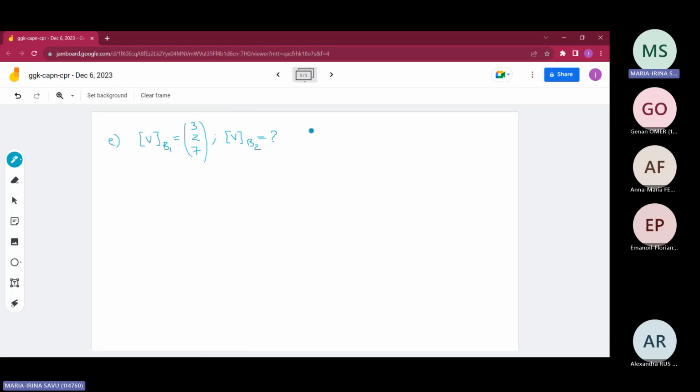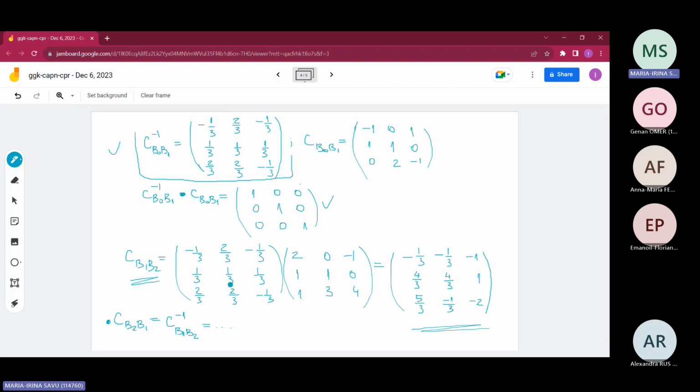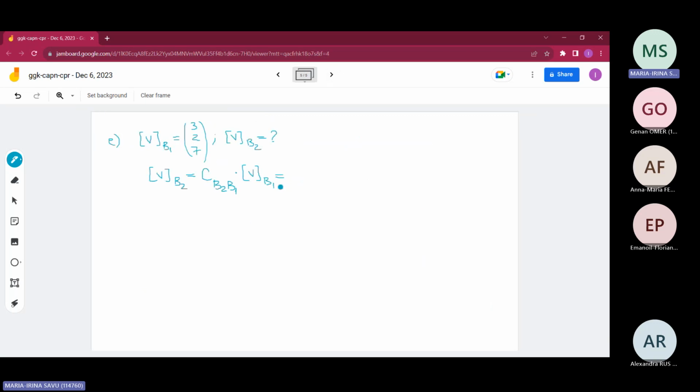You know that the coordinates of v with respect to b2 are given by the change of basis matrix from b2 to b1 times the coordinates of v with respect to b1. This is the matrix which is actually C b1 b2 to the power -1, so it's the inverse of this one. Because we haven't computed this matrix, I'm going to write it this way: a matrix with 3 lines and 3 columns.